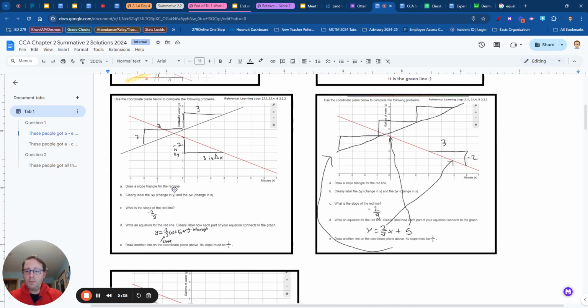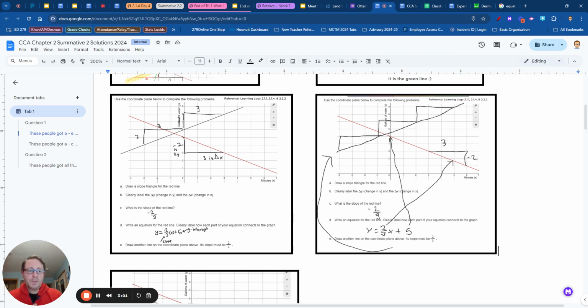But you can see this person literally wrote on the graph, hey, -2 is the change in y, 3 is the change in x, right? So it's not enough just to open it up and say, hey, I opened the solutions. You have to take some time to look at some examples and be like, hey, I don't remember what a slope triangle is. Can I figure this out?